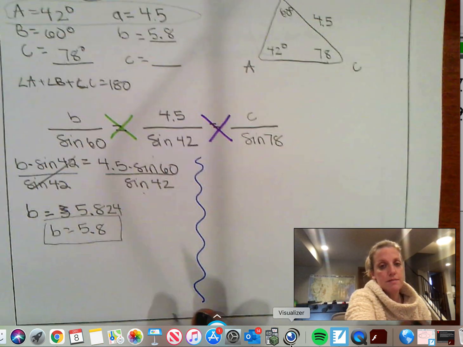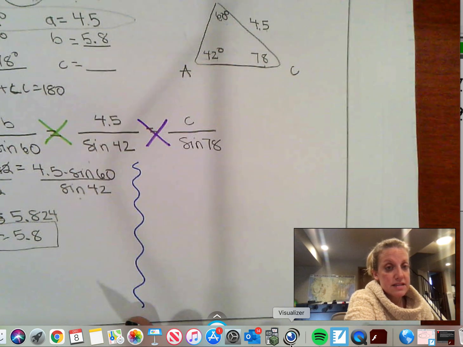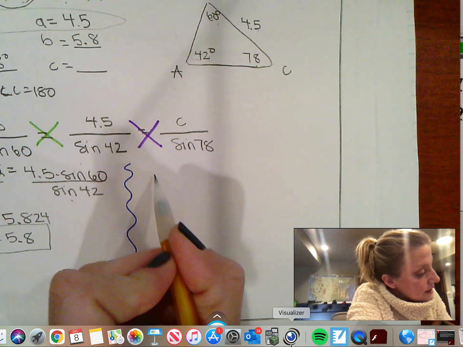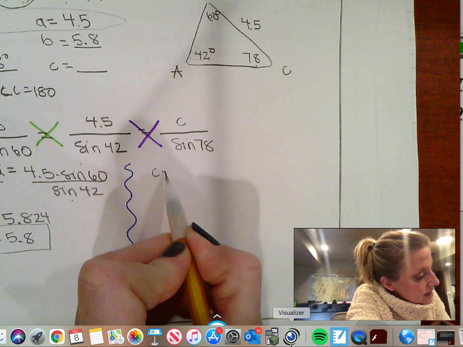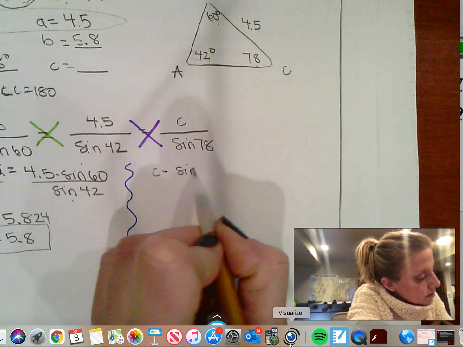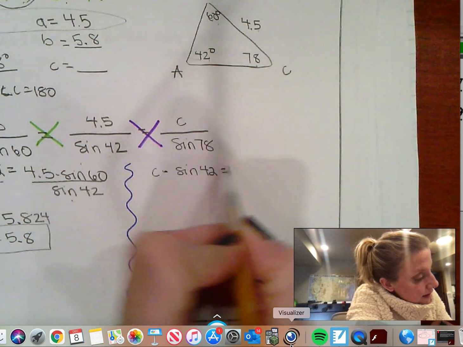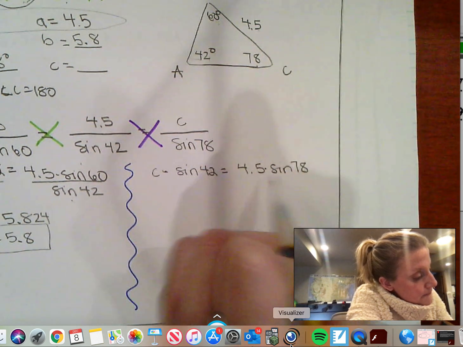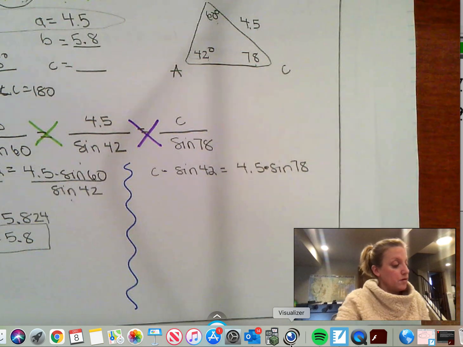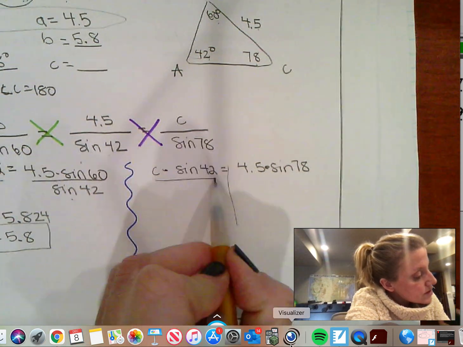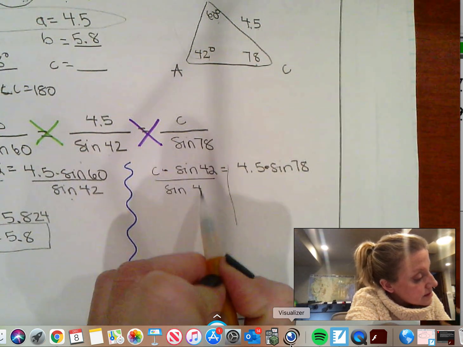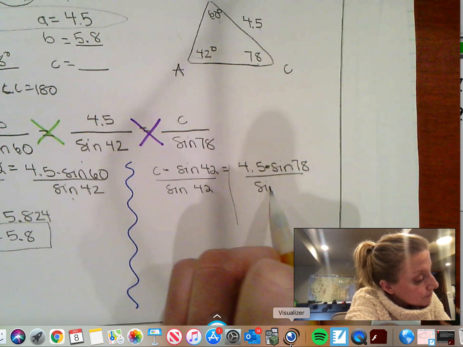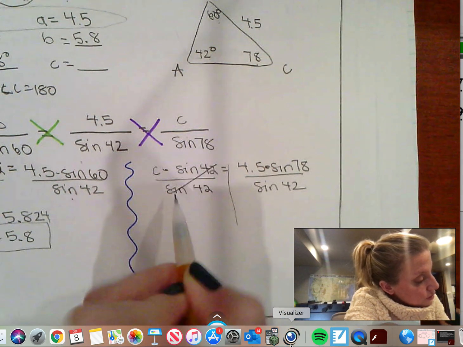Now let's do the same thing to find the side length for C. So if I look here, I cross multiply: C times the sine of 42 equals 4.5 times the sine of 78. So solving for C, when I divide both sides by the sine of 42, those cancel.